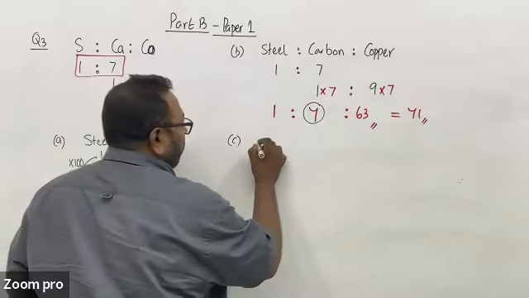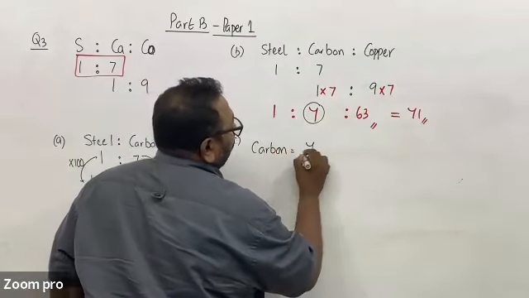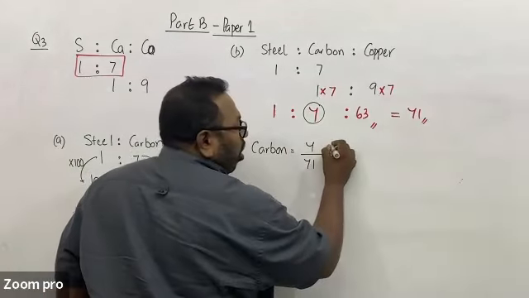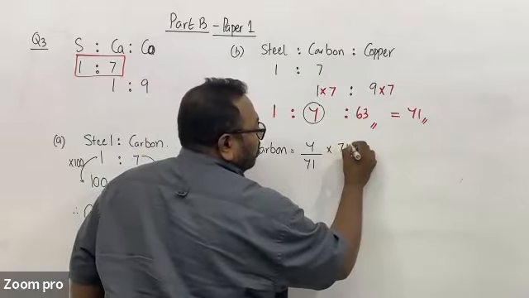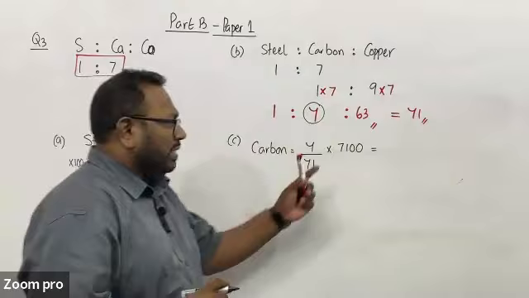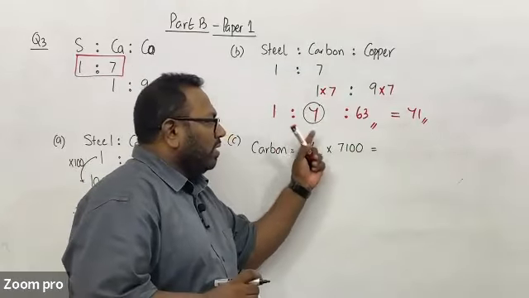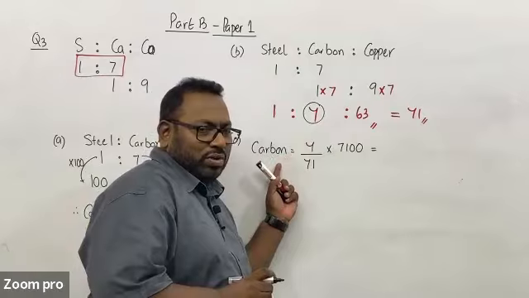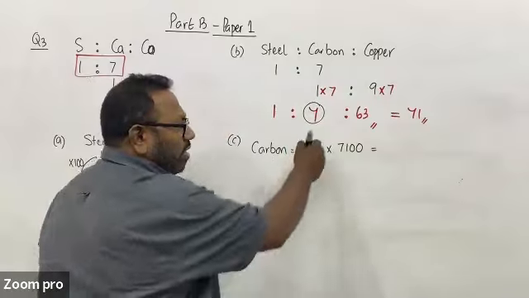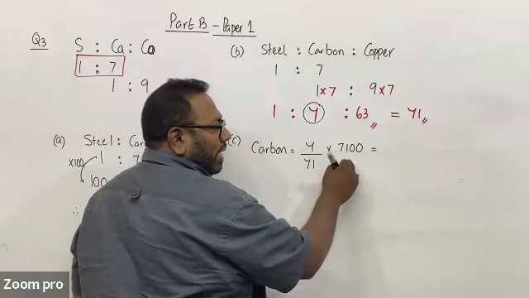So carbon is equal to 7 portions out of 71 of 7,100 grams of alloy. So the 7,100 is your total. Out of this total, 7 parts is for your carbon. Okay. So 7 out of 71 of 7,100 grams.